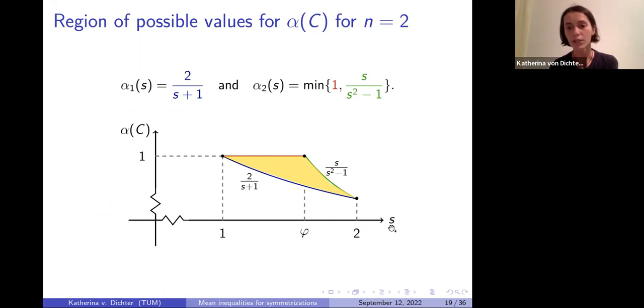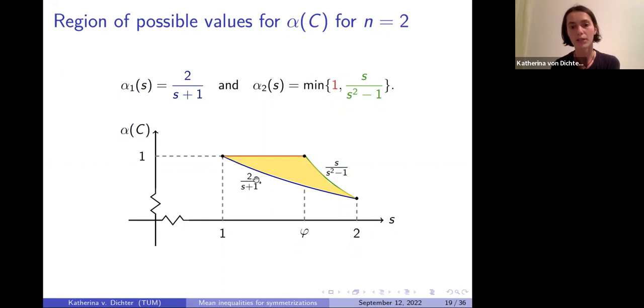On the one side, we have the symmetry S. The symmetry S is bounded from 1 to n. In the planar case, it's 2. And we have 1 if and only if the set is symmetric, and n if and only if the set is a simplex. For the values alphas, we have all this yellow region.